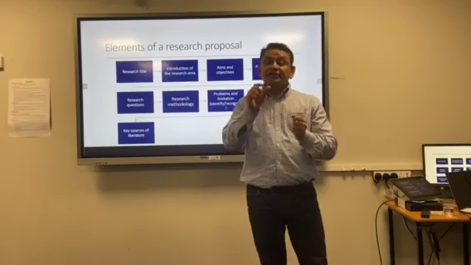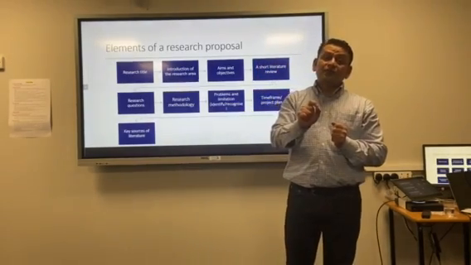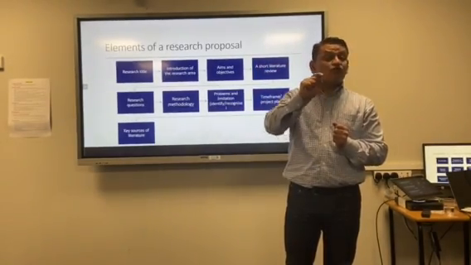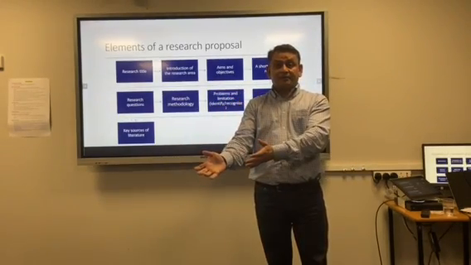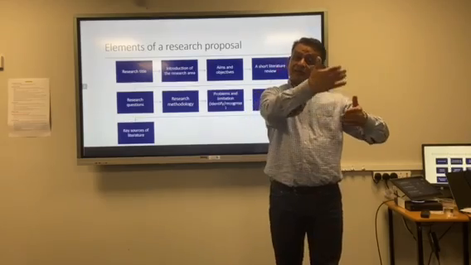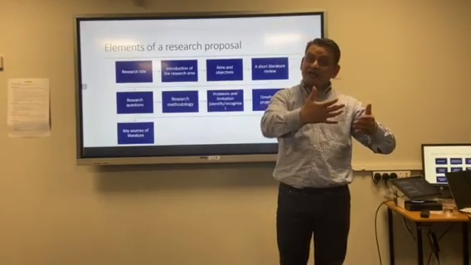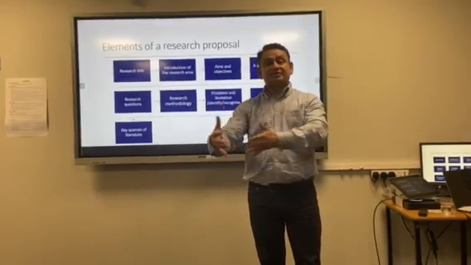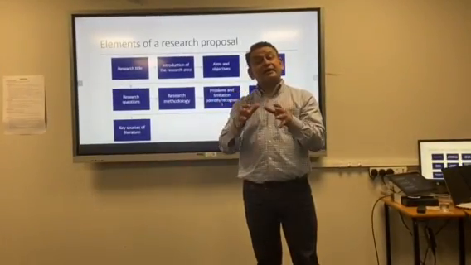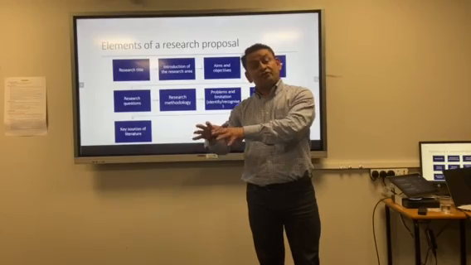Then in the literature review, you will justify what new thing you are doing. Where is the research gap? You will give some idea like, look, other studies are saying this is the main discussion, these are the key sources, but I am doing it in this way. Something new.